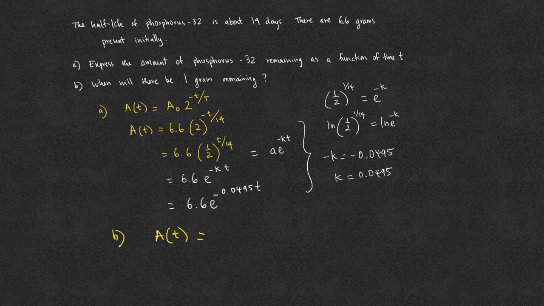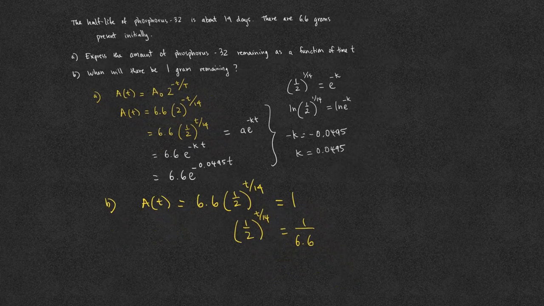The model is 6.6 times 1/2 to the t over 14. We don't know what t is, but we want to find the t so that the amount is 1. To find t, we first divide both sides of the equation by 6.6, so the left-hand side is 1/2 to the t over 14, and the right-hand side is 1 over 6.6.